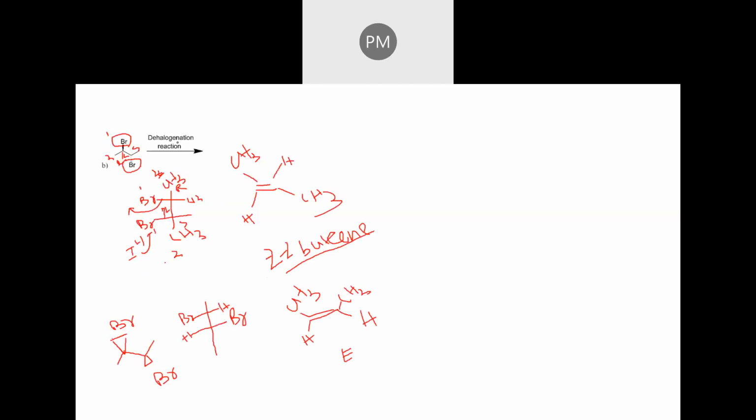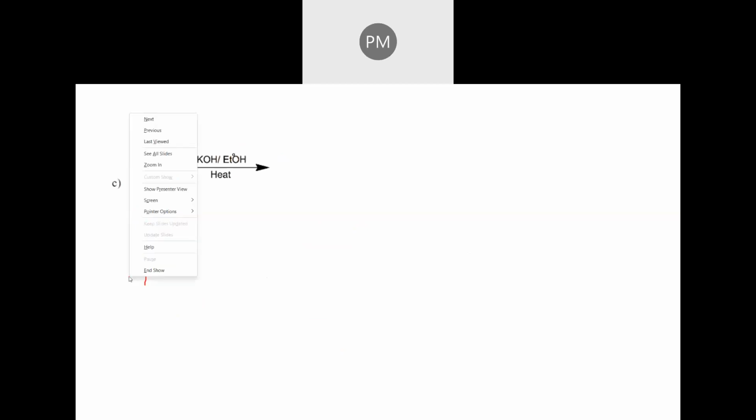Sorry, my chair is very bad, so we erase that one. So this iodide is above, and the methyl is above.